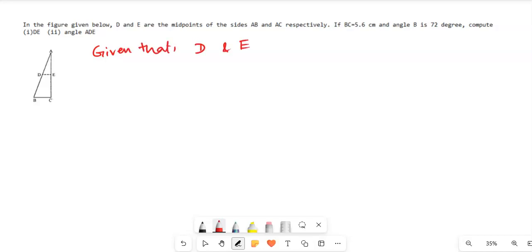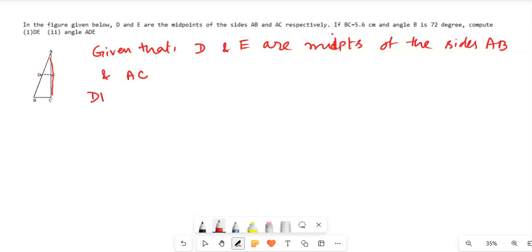Given that D and E are midpoints of the sides AB and AC. So D and E are the midpoints of this side and this side. Now DE is the line joining the midpoints of two sides of the triangle.